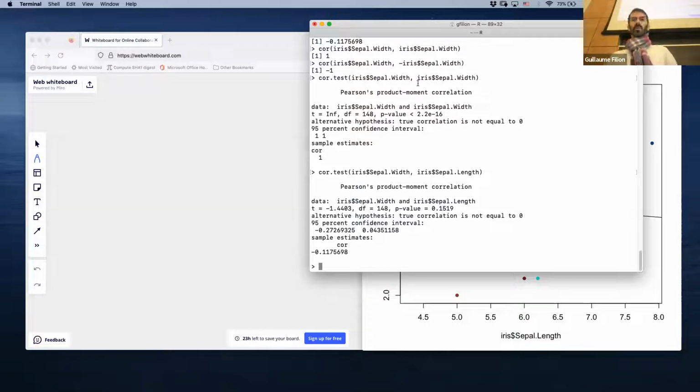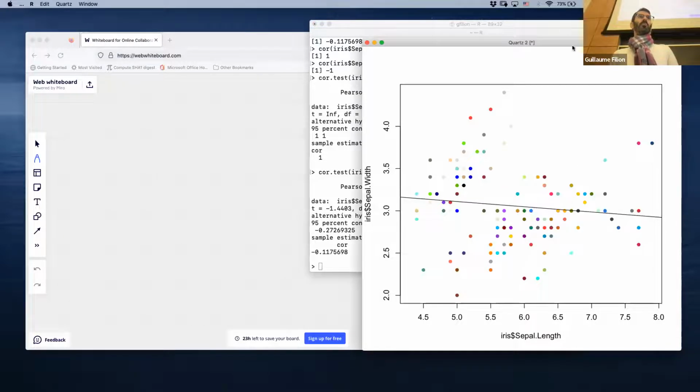So one thing that I would like to show you now with the little time that we have left is how to make some use of this with ggplot2, because we've been plotting these lines with the standard R library for plotting, but we're going to see how to use this with ggplot2.